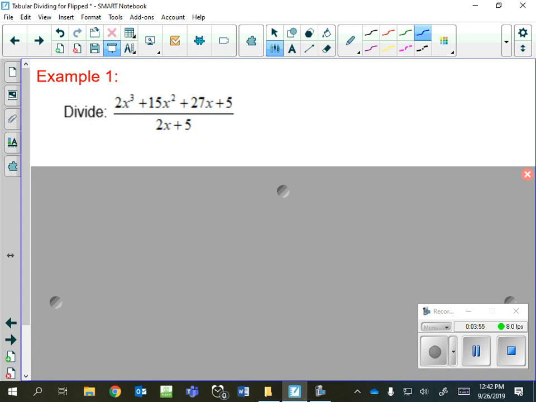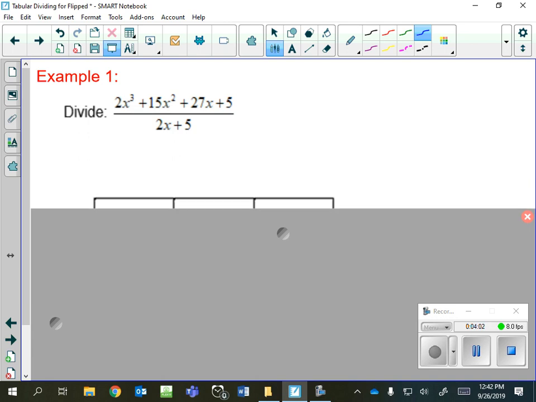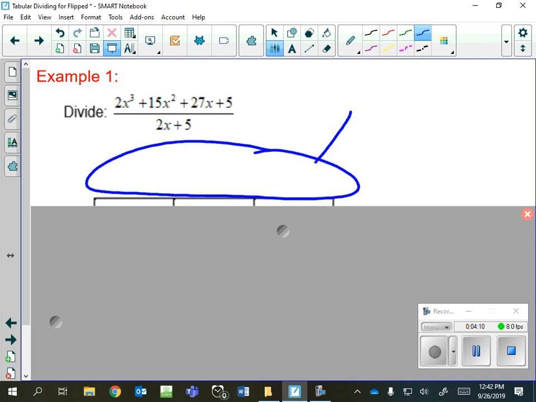So I am going to set up a tabular method. Normally when I multiply, I use the top and the right. This time what you end up with on the top is going to be my answer or my quotient.